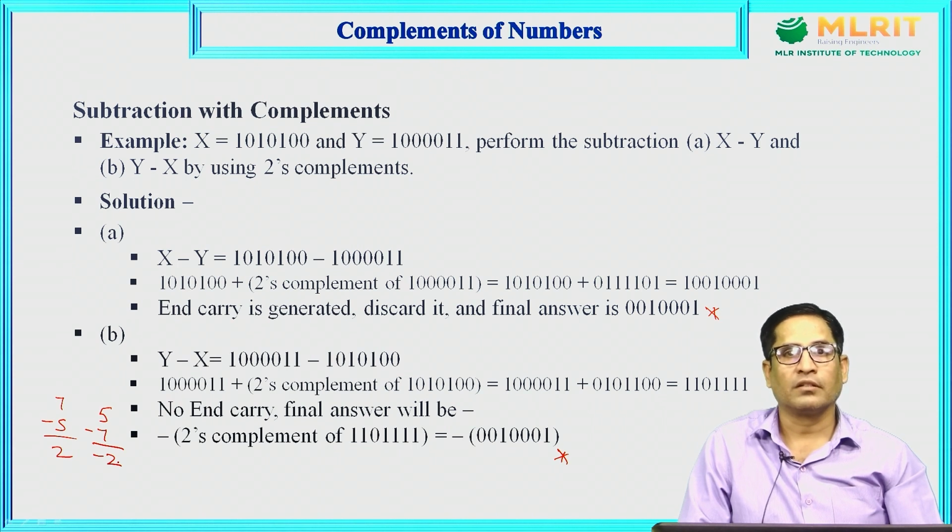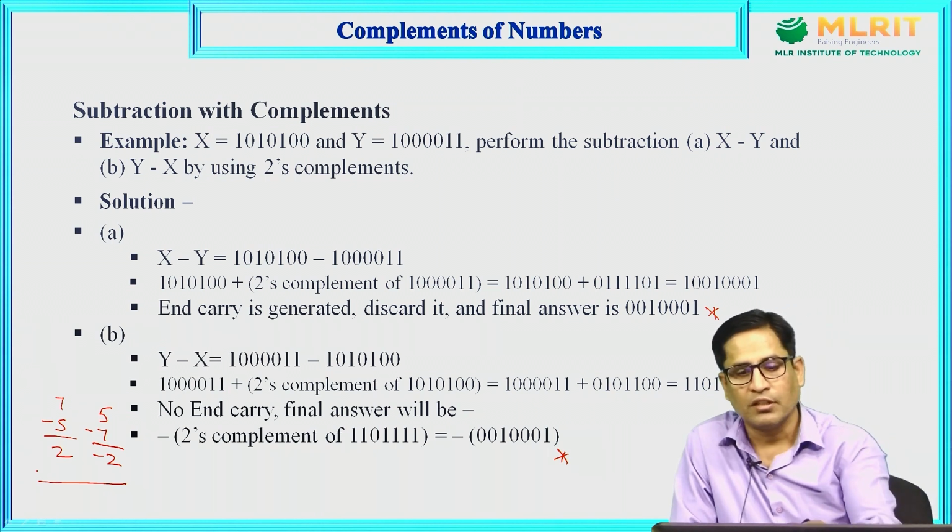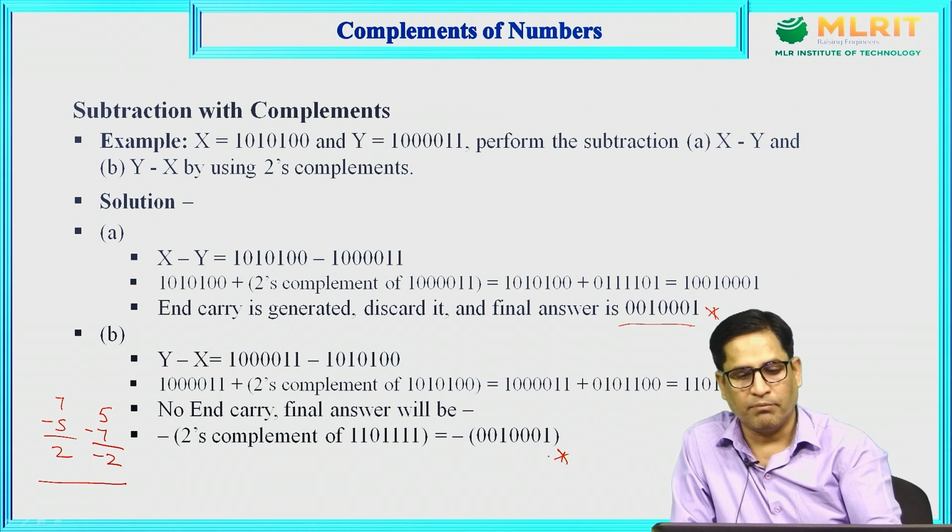Whether there is an end carry or no end carry, you can verify that the answers are the same whether you operate x minus y or y minus x. Simple logic says the answer will be the same except for the negative sign, and this is what we got: the same number, with the only difference being the minus sign.